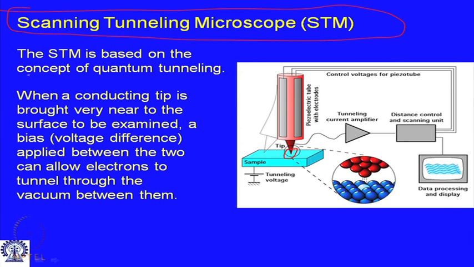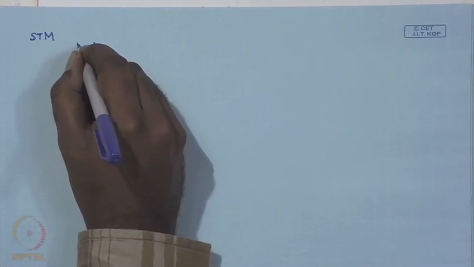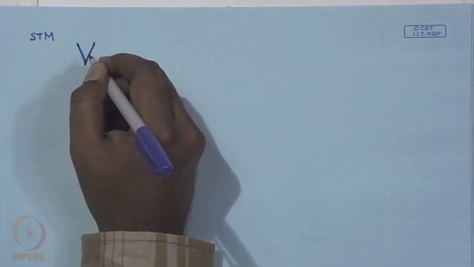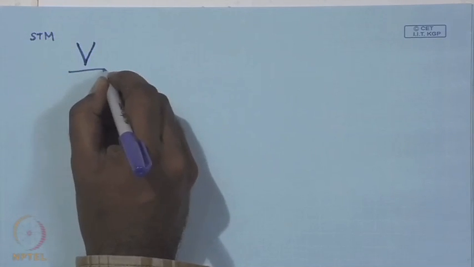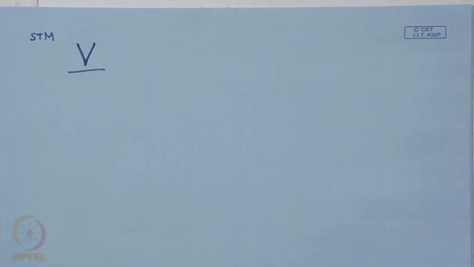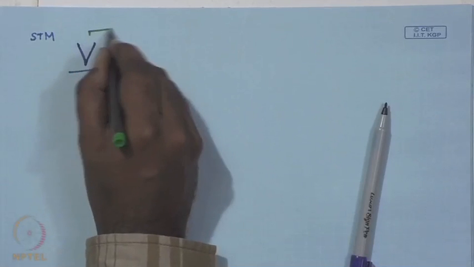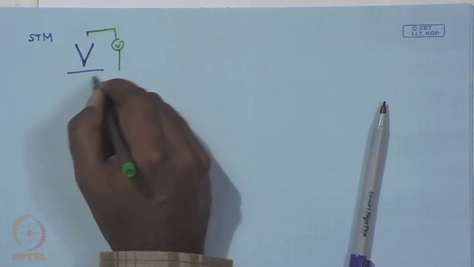Now this is based on the concept of quantum tunneling, which, very simply put, works like this: you have a very sharp metallic tip brought in very close proximity to another metallic surface, and you apply a voltage or a bias between the two.